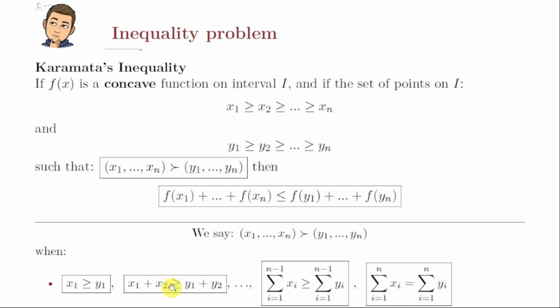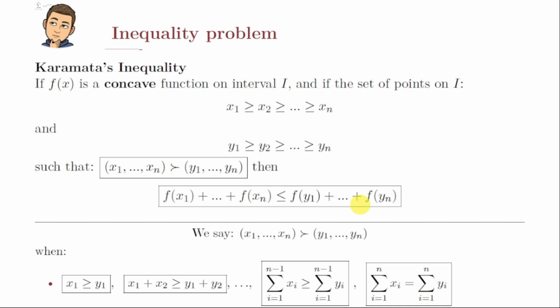And also x1 plus x2 is bigger than or equal to y1 plus y2, and so on, gradually, up to x1 plus up to x(n-1) is bigger than or equal to y1 plus up to y(n-1). And then also, the sum of the x points must be equal to the sum of the y points. If we have this behavior, then we can say the set of points x majorizes the set of points y, and we can use this inequality.